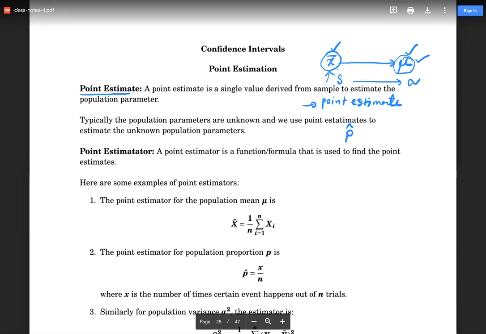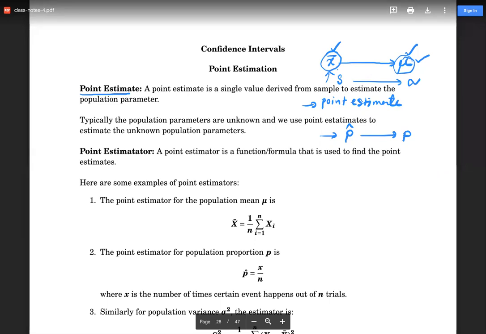So this is another one, new I think, but I think I talked about it before. From the sample proportion, we try to approximate the population proportion. So what percentage of people use iPhones? You take a random sample of, let's say, 100 people and find out how many of them are using some version of iPhones.